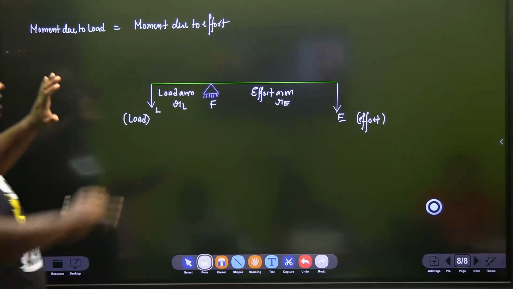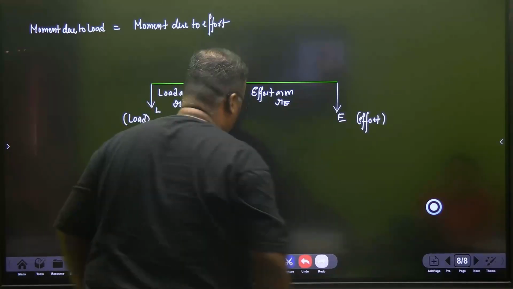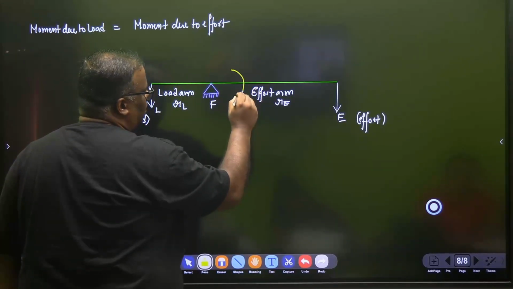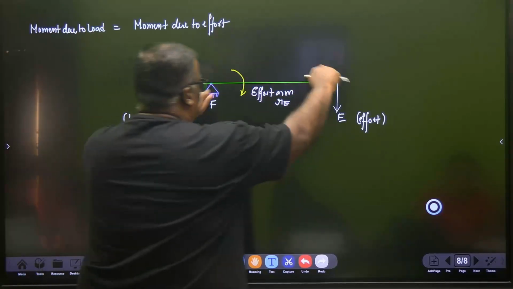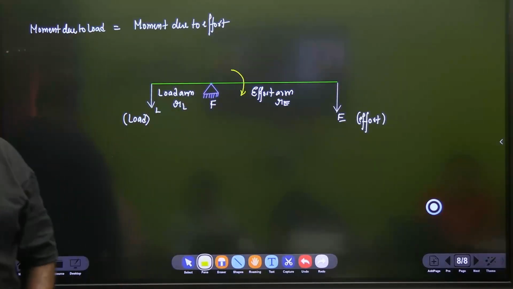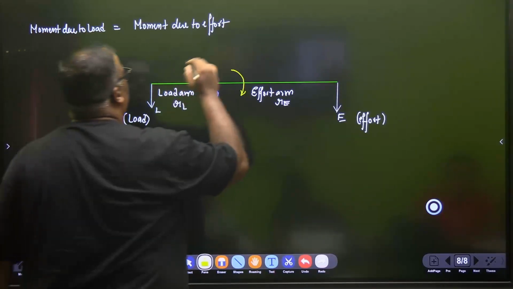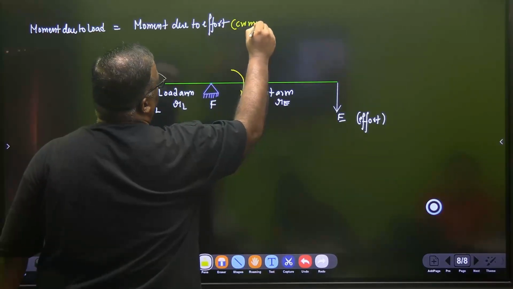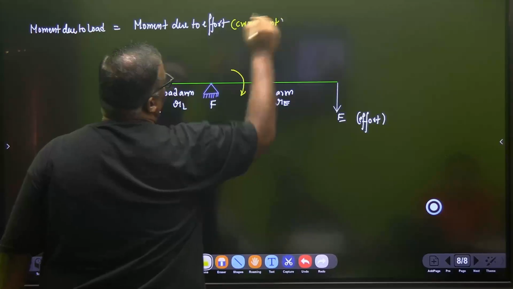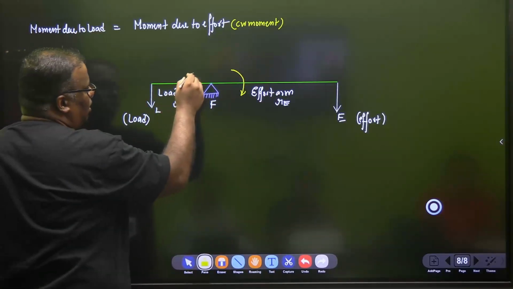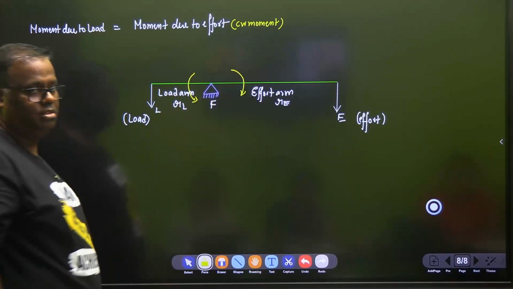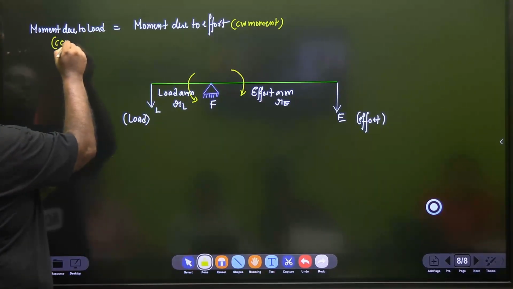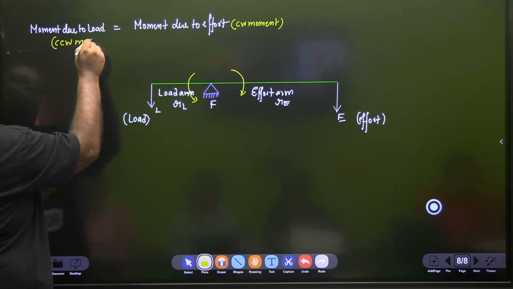If you just look at the effort moment, then you apply your common sense. The effort moment is trying to twist it on this side. Yes. So we call the moment due to the effort the clockwise moment. And if you see the load arm is trying to twist it this side. So the moment due to the load is always known as the counterclockwise or the anti-clockwise moment.